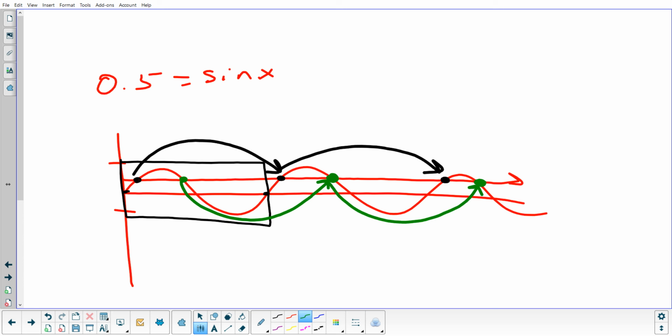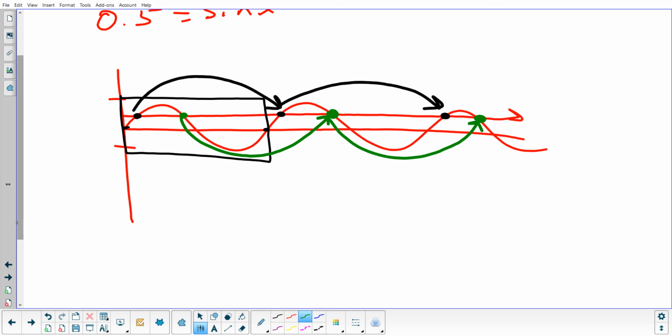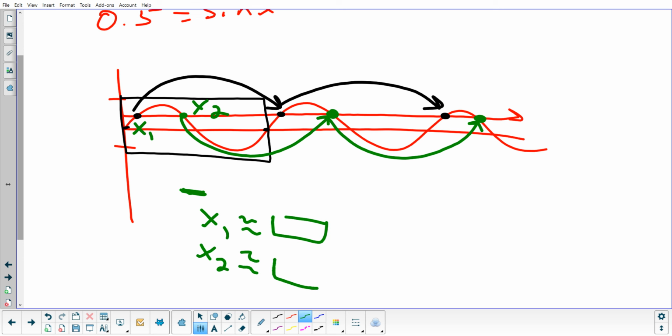So once you find the first two answers, all you have to do is tell me that they repeat every cycle. The way we do that is, let's call this answer x1 and this one x2. You'd use second calc intersect to get whatever the x value is, and put that number in the box.